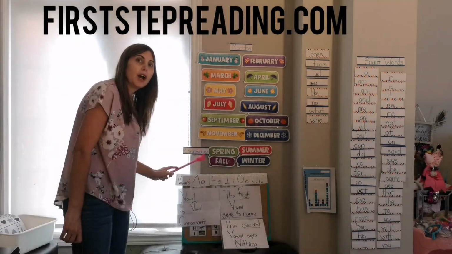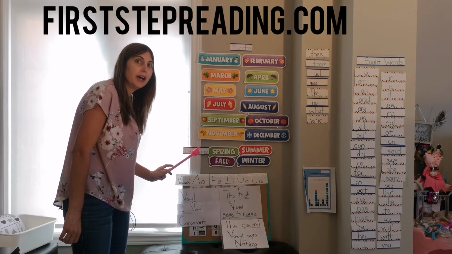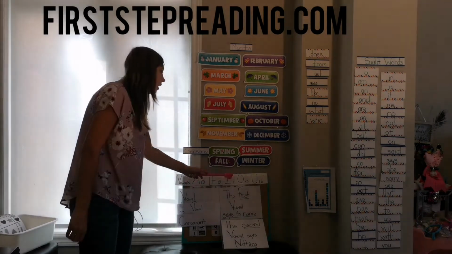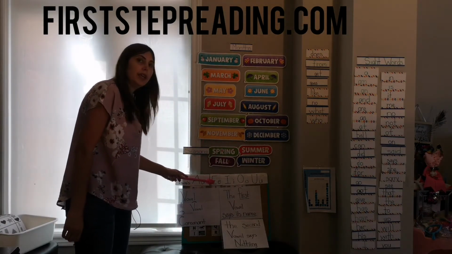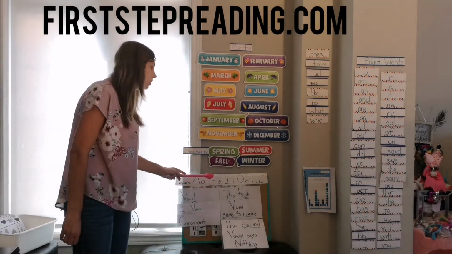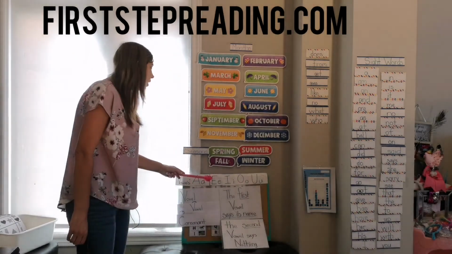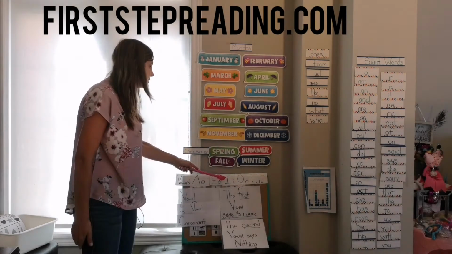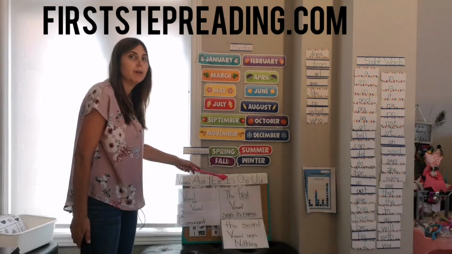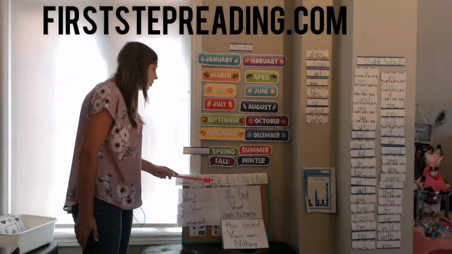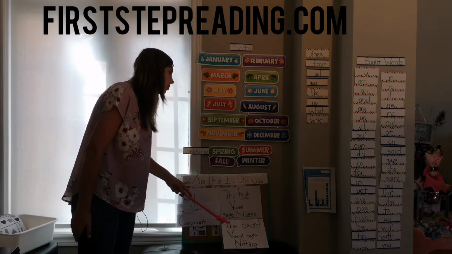A is a vowel, a vowel, a vowel. A is a vowel, A-E-I-O-U. E is a vowel, a vowel, a vowel. E is a vowel, A-E-I-O-U. I is a vowel, a vowel, a vowel. I is a vowel, A-E-I-O-U.